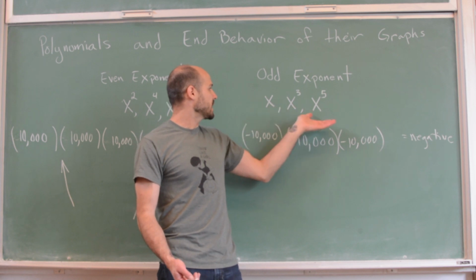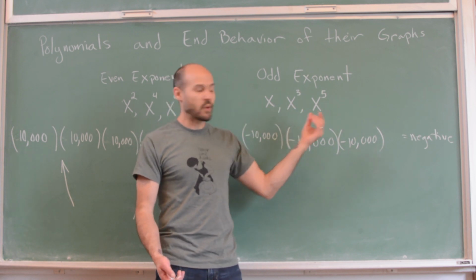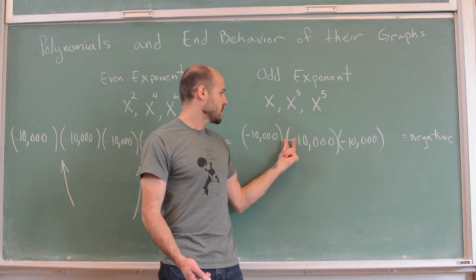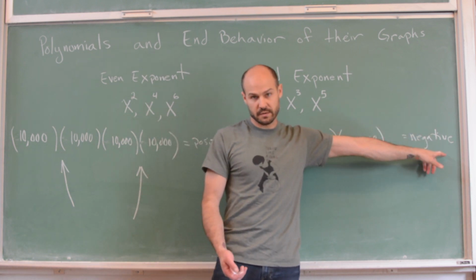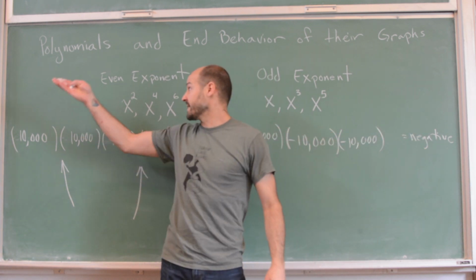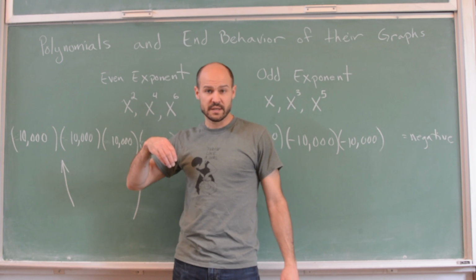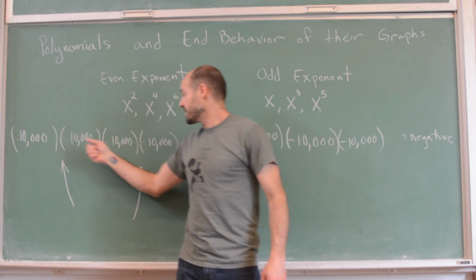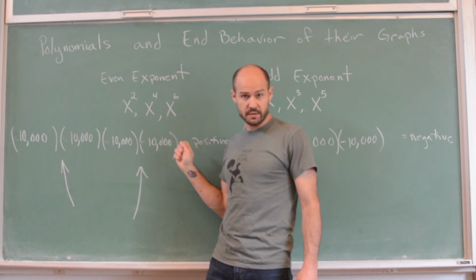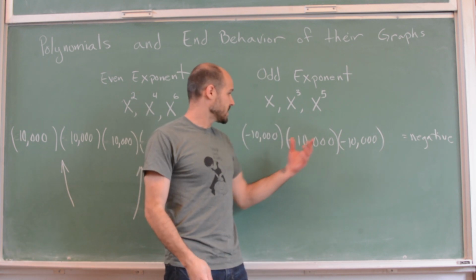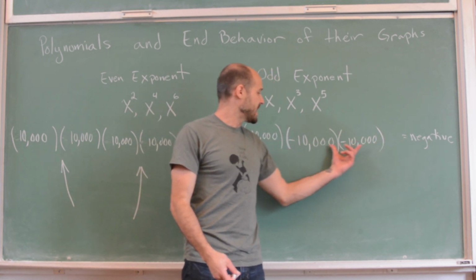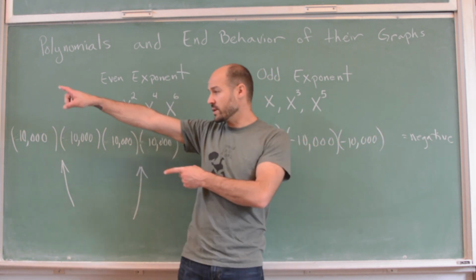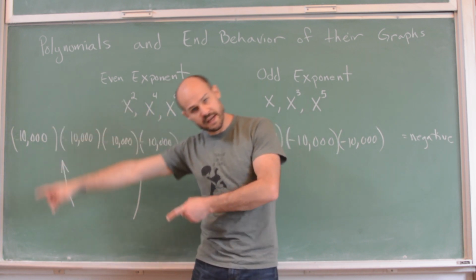So for our odd exponent leading terms, when you plug in a negative value, you get a negative result. That's why it's different than the even exponents where we plug in negative values and get a positive result. So that's the difference. And what that means is, when we plug in a negative value here, we're looking at way towards the left, but we're getting a negative result.